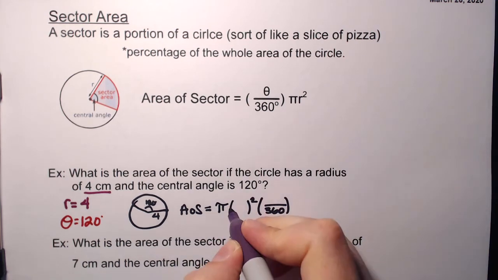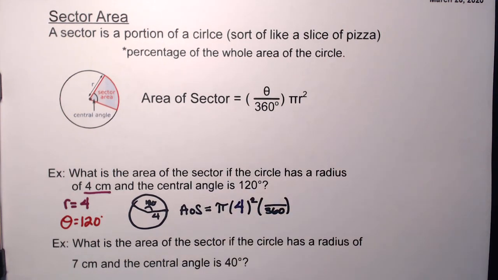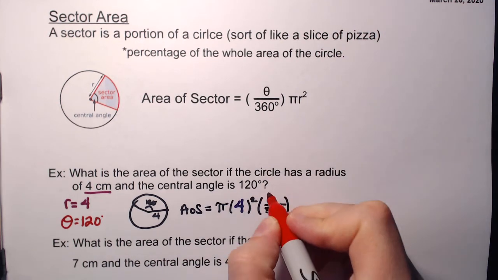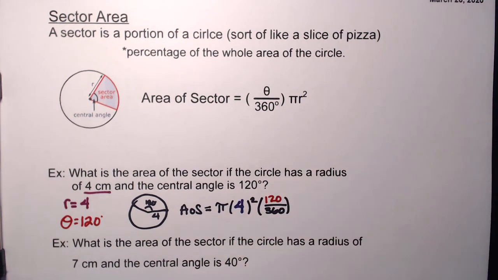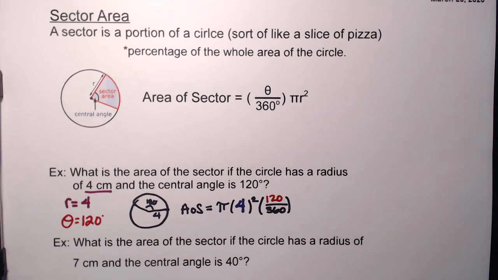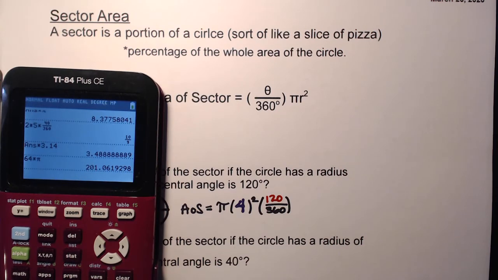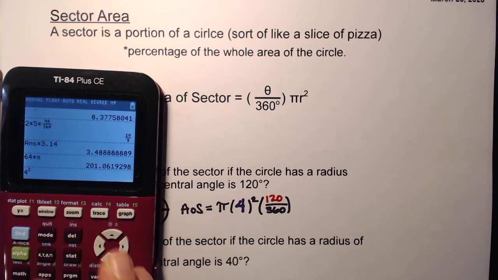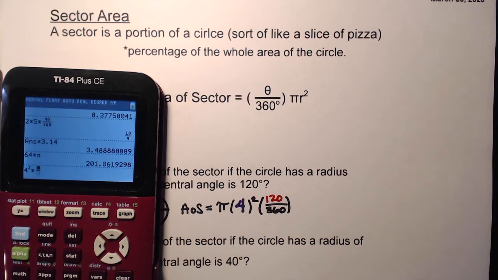So I'm going to take my 4 and square that. That was a different color. Oops. There we go. So now I'm going to type in just this portion because I want my two answers. So I'm going to say 4 squared times 120 divided by 360.